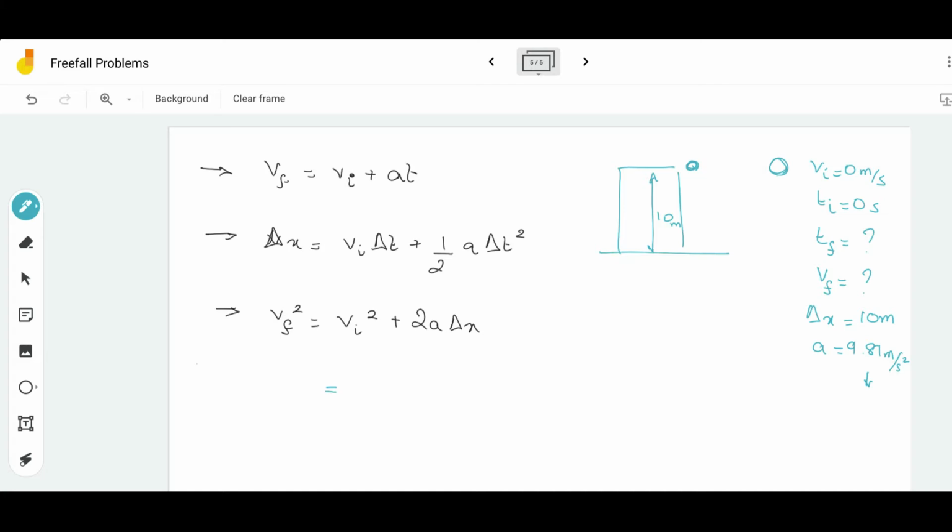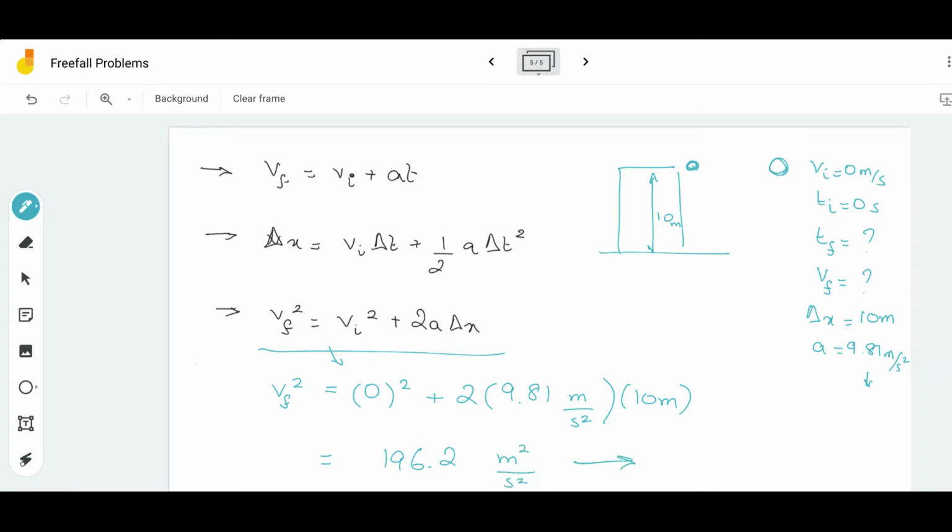So substituting these values into the third equation right here, Vi is equal to 0 squared, 0 meters per second squared, plus 2 times 9.81 meters per second squared times 10 meters, right? And that's Vf squared, which then, if you were to calculate, let me pull out my calculator, becomes 2 times 9.81 times 10, which is equal to 196.2 meters, and meter multiplies, so meters squared per second squared.